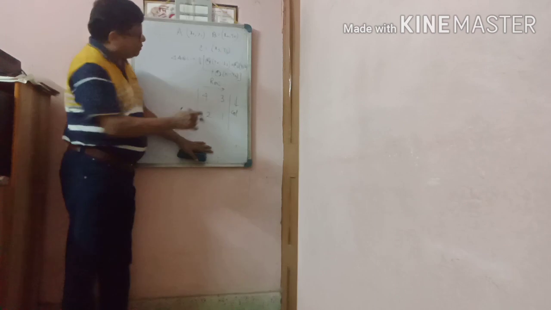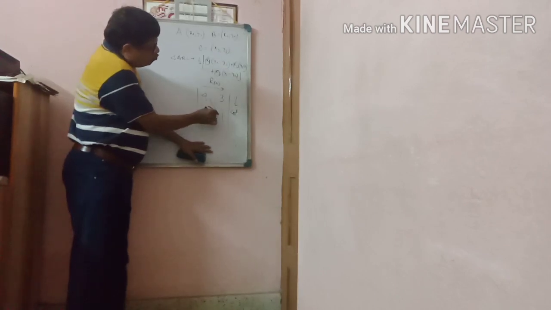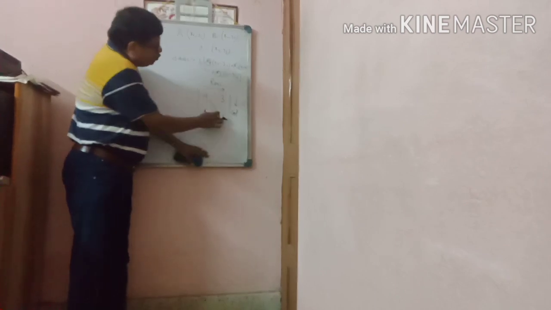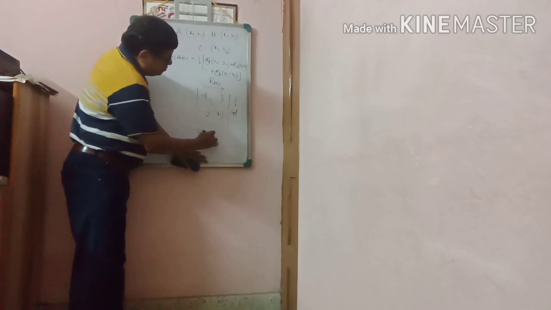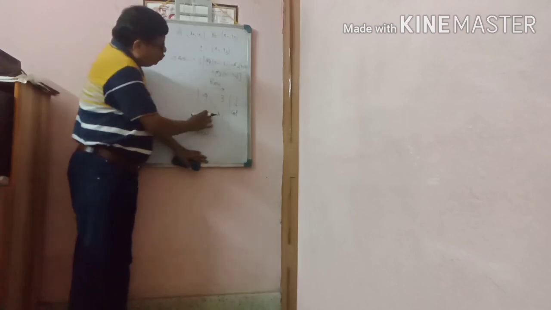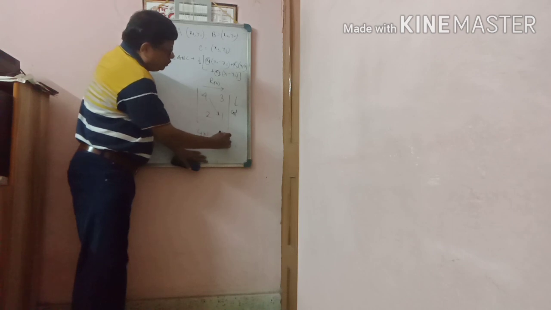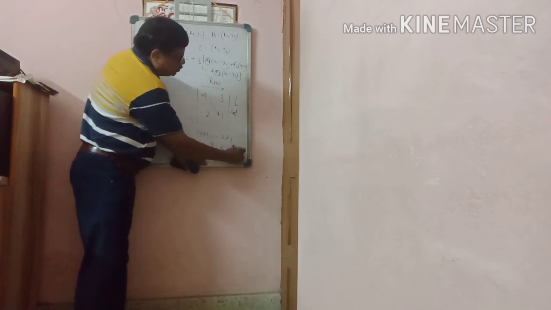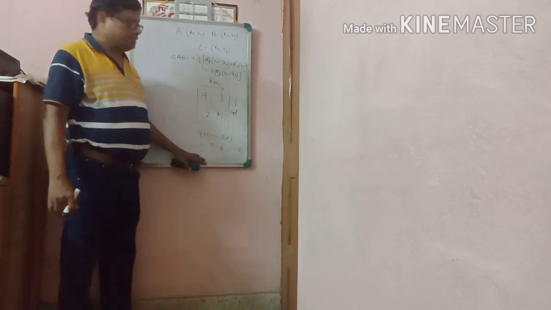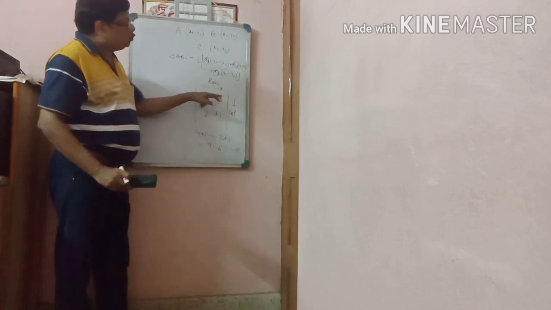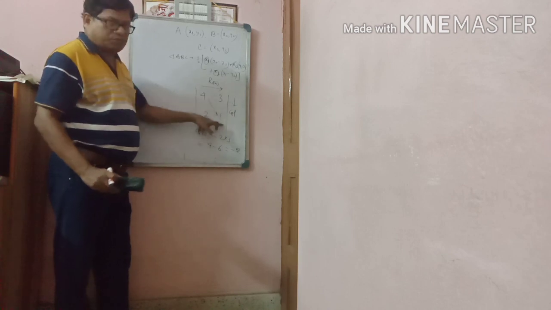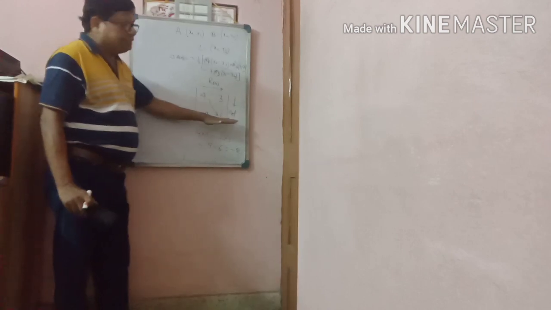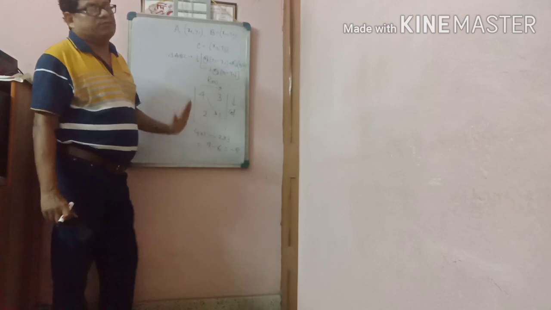So you have to remember to multiply 4 into 1 minus 2 into 3, that is 4 minus 6, it is minus 2. So see here, 2 rows and 2 columns. That is why it is a second order determinant.